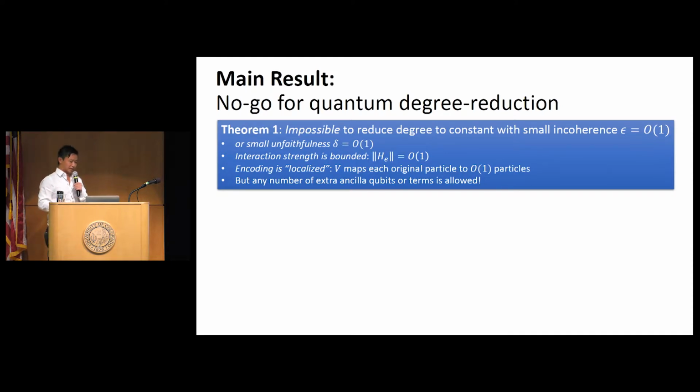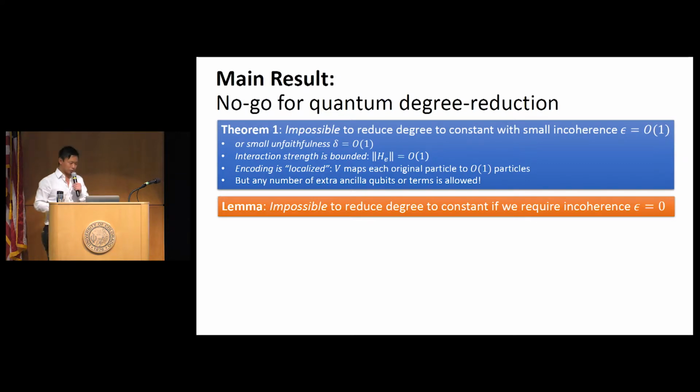And we assume that the interaction strength is bounded, and also that the encoding is localized in the sense that the isometry V maps each original particle to a constant number of particles. However, notice that we allow any number of extra ancillary qubits or terms. So in principle, you can add an exponential or doubly exponential number of qubits. It will not change the impossibility.